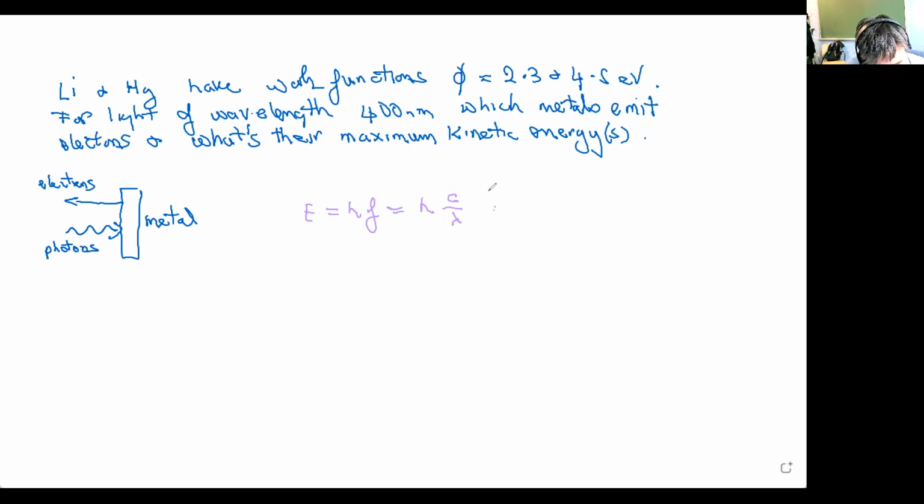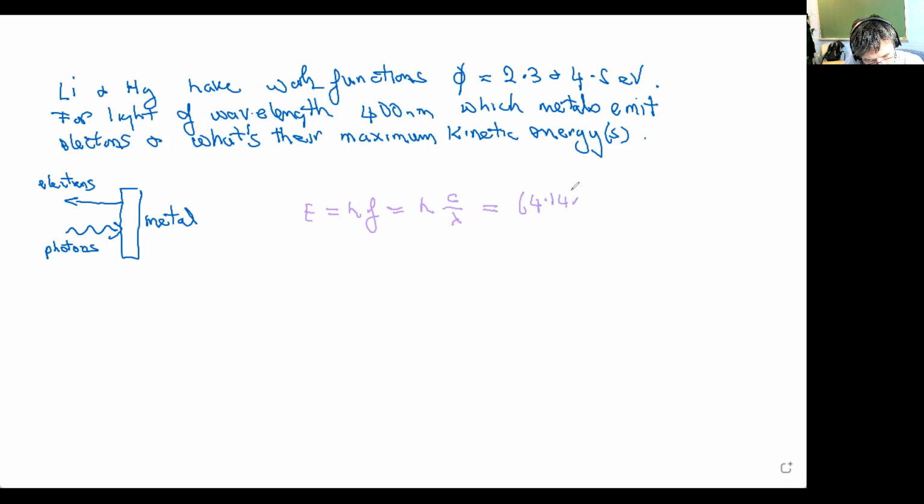At this point, we know Planck's constant, or we can look it up. We know the speed of light, we can look that up, and we're told the wavelength of the light. So these three numbers, h, c, and lambda, we can plug them all in.